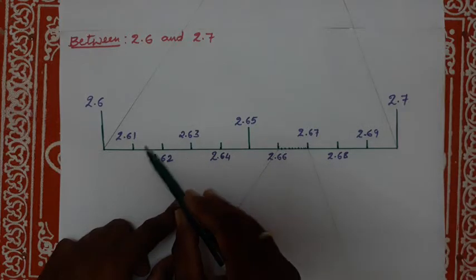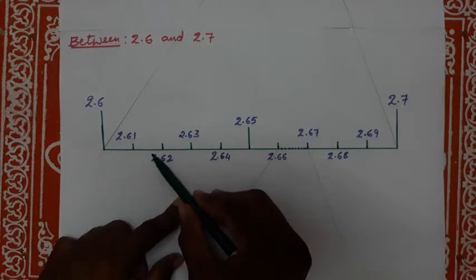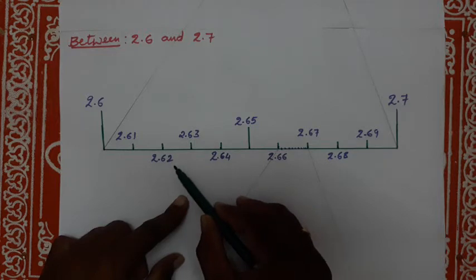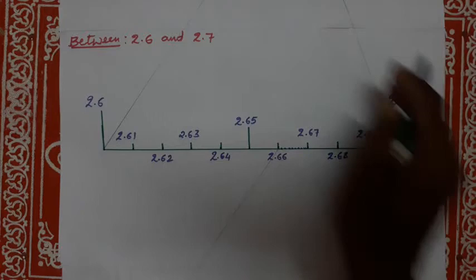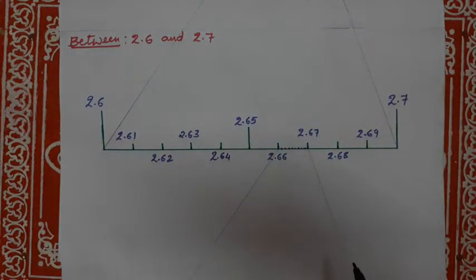The first mark will represent 2.61, the next is 2.62 and so on. To see this clearly, we magnify this as shown in the figure.